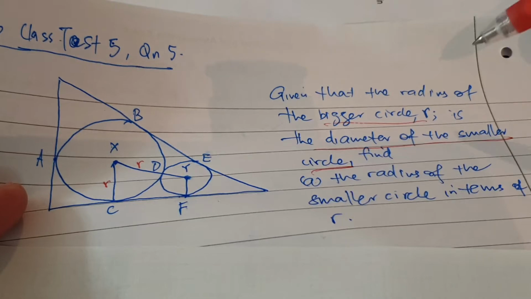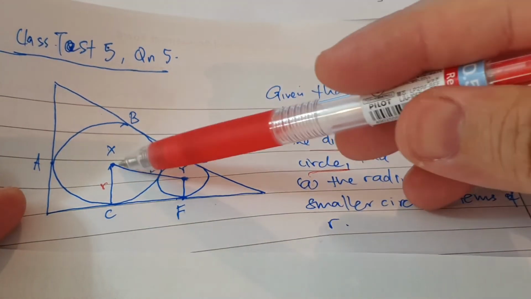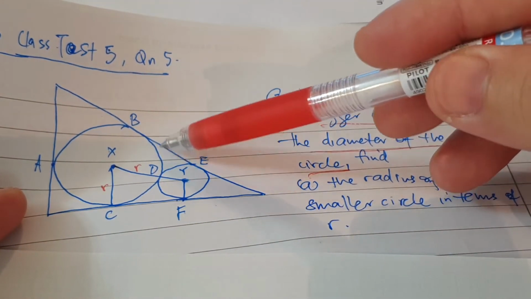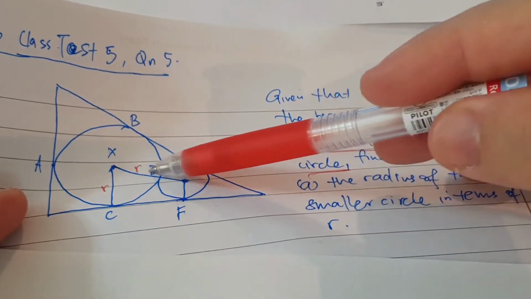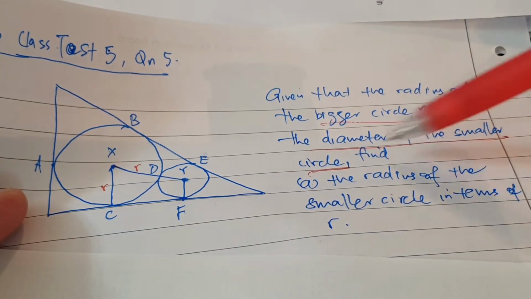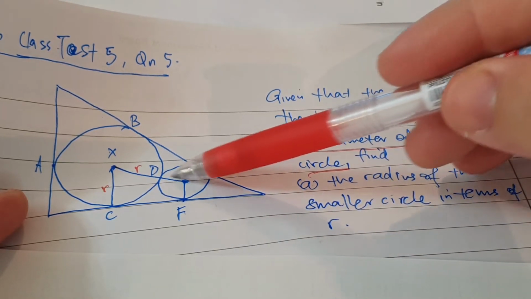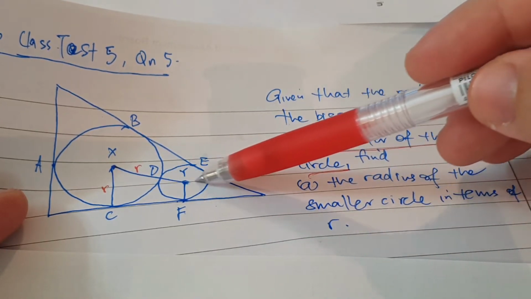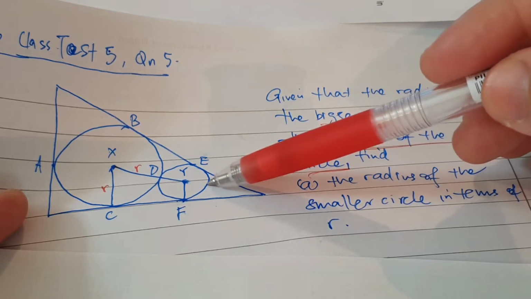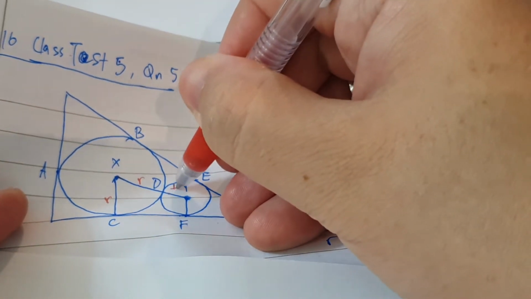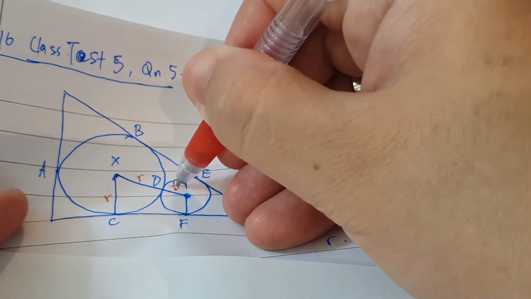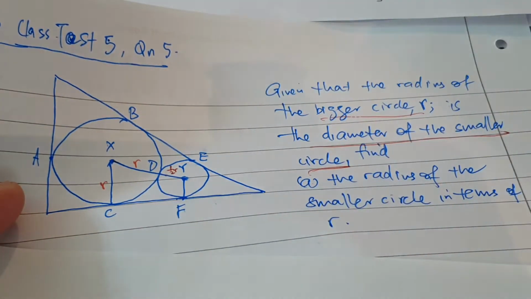I don't know whether you understand this or not, but what it means is that this R is the radius of this big one, right? Okay, but R, this length is actually the diameter of the smaller circle. Diameter means the whole thing, right? From here to here. Okay, so this means that this radius of the small one must be half R or R over 2. Okay?